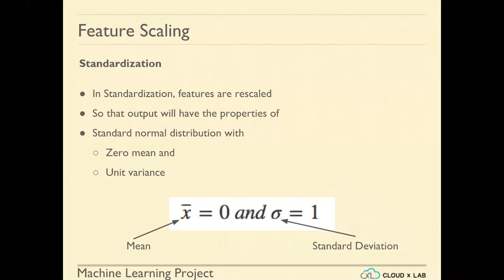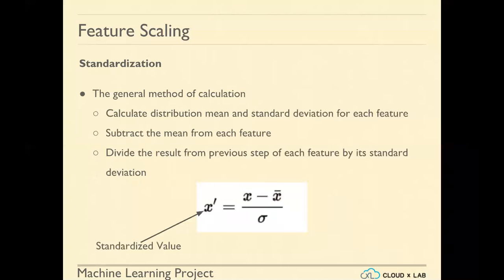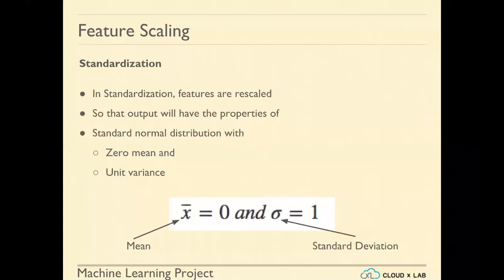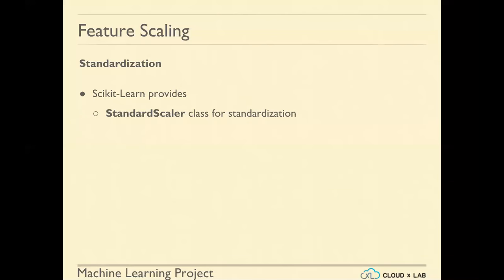First we find the mean, then we subtract the mean from each value, square each of them, sum them up, divide by the total number of data points and compute the square root. That's how we compute the standard deviation. And here, we are subtracting the mean from each value and then dividing by the standard deviation. This is how we do the feature scaling.